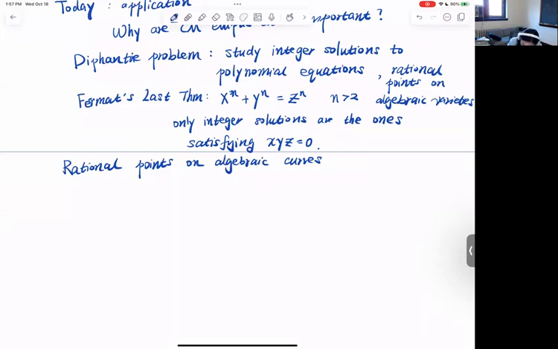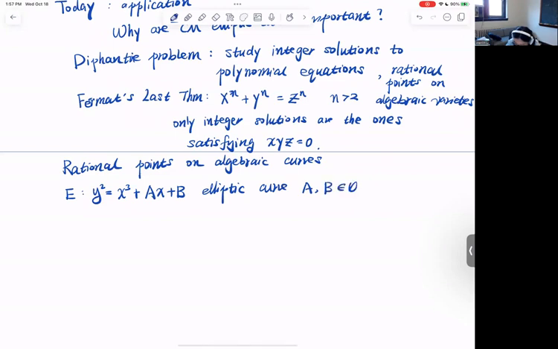So to begin, since we're talking about elliptic curves in this course, let's start by talking about rational points on the curves. So let E be y squared equals x cubed plus ax plus b, an elliptic curve defined over Q, with a and b rational numbers.